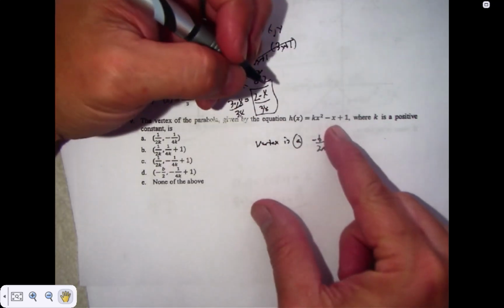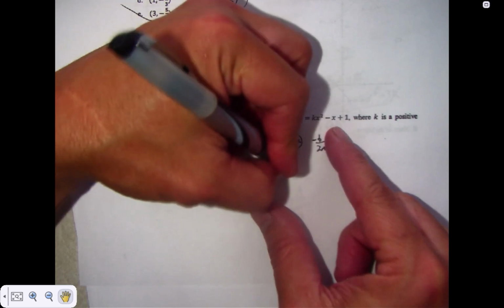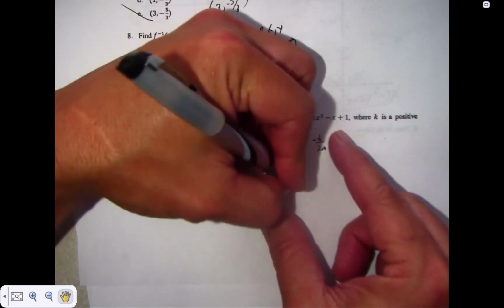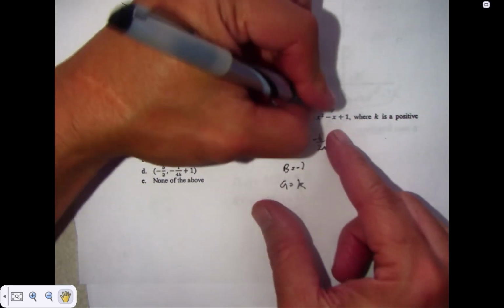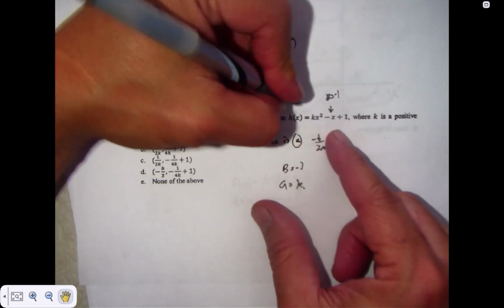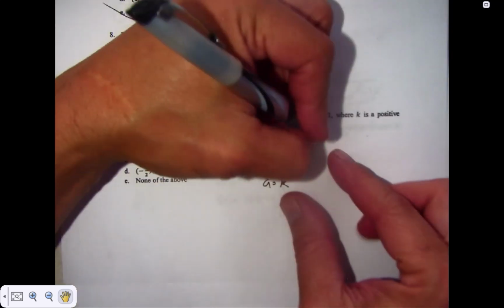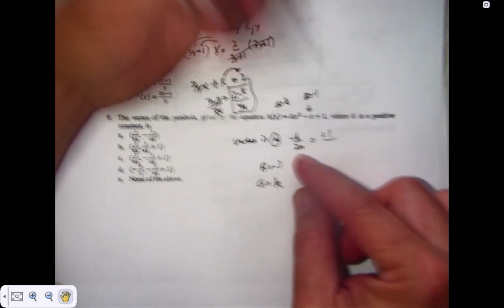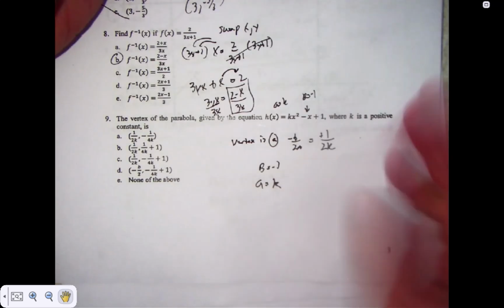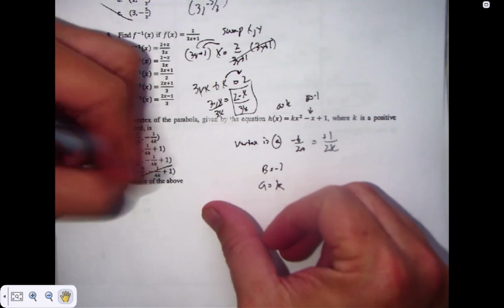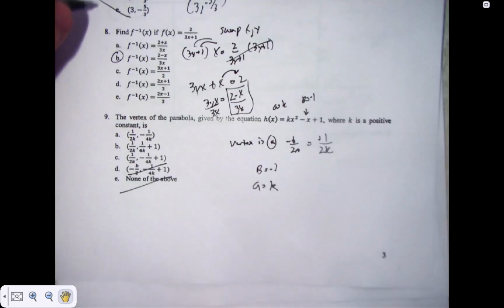So b is negative 1, and a is k. So if I plug in negative 1, I get a positive 1 over twice k. So I'm looking for 1 over 2k. So I'm going to scratch out D. It might still be E.